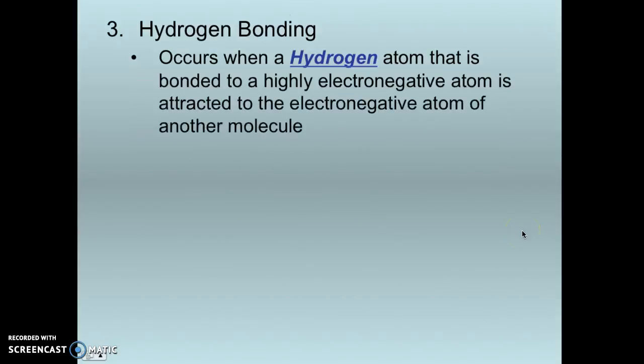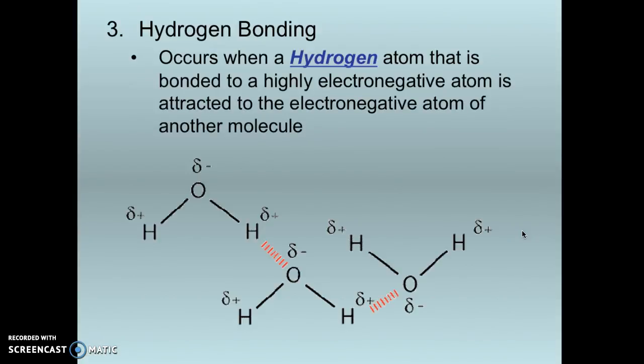Hydrogen bonding is the last one we're going to talk about, and it occurs when a hydrogen atom that is bonded to an electronegative atom, something that has a relatively high difference in electronegativities, is attracted to the electronegative atom on another molecule. Water, for example, is a good example. If we look at this water molecule in the top left, oxygen has a higher electronegativity than hydrogen, so it gets that partial negative charge, which means the hydrogens then get a partial positive charge.